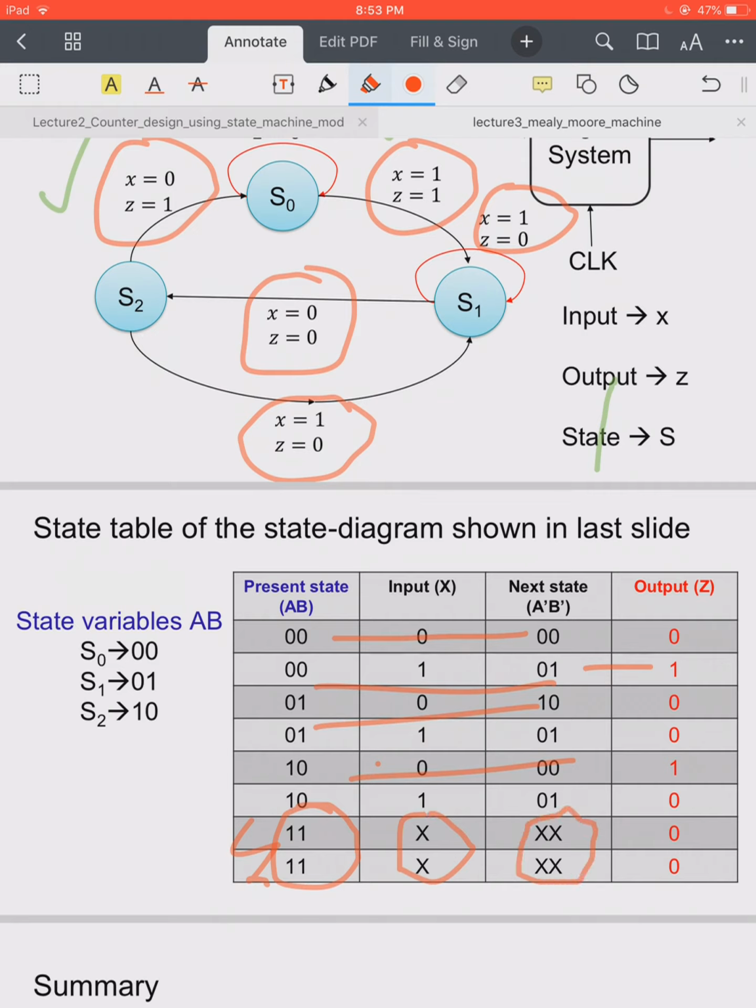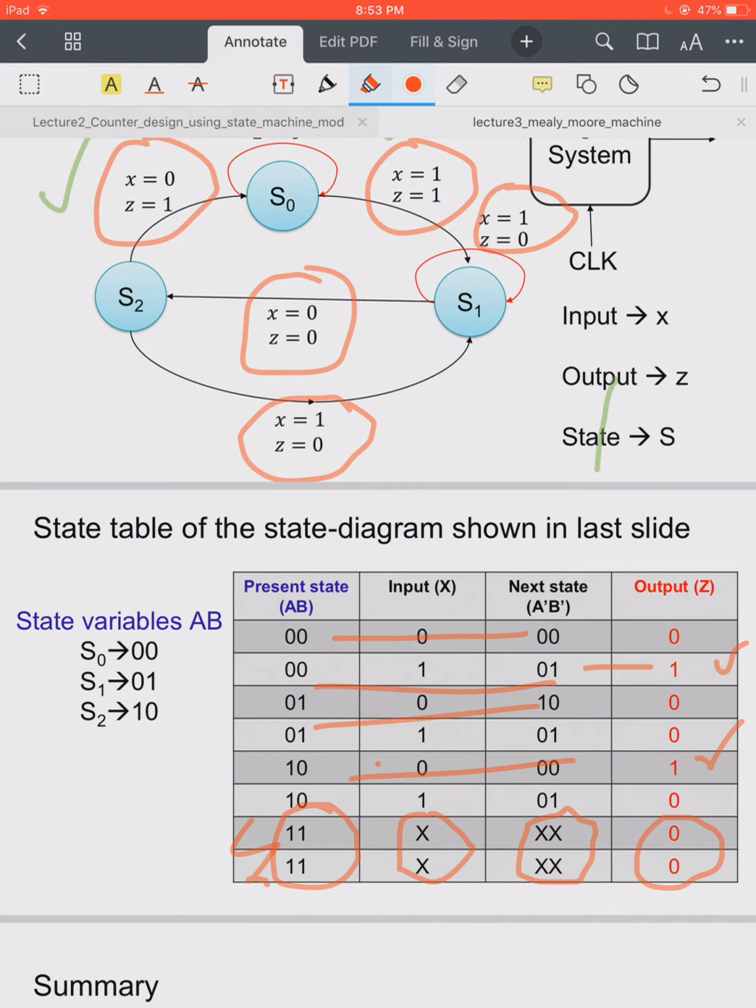But the output we cannot define as don't care, because then it may happen that the output goes to 1, whereas the output will be 1 only in these two cases.